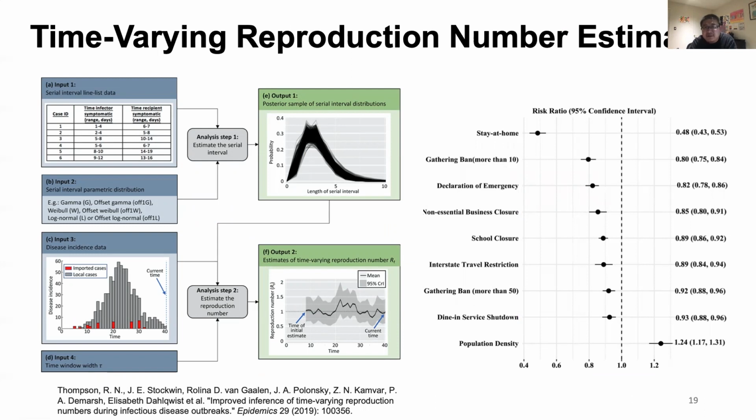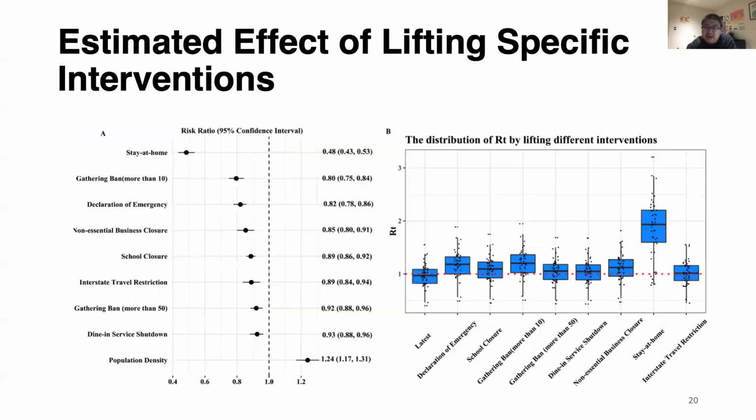The first step uses data of unknown pairs, which is a serial interval of index and secondary cases, to estimate the serial interval distribution. The second step estimates the time-varying reproduction number jointly from incidence data and from the posterior distribution of the serial interval obtained from the first step.